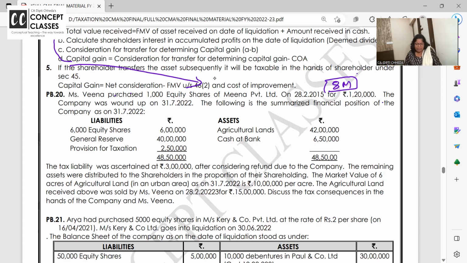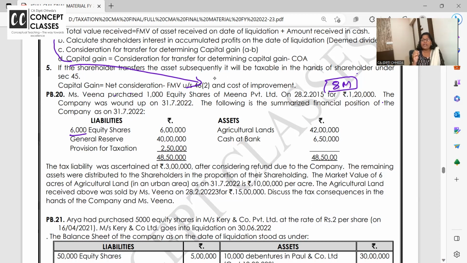Mrs. Veena purchased 1,000 shares of the private company at 120. The company was wound up in July 22. Following is the summarized balance sheet. Read it. Two minutes continuously I'm speaking. Total, how many shares are there?